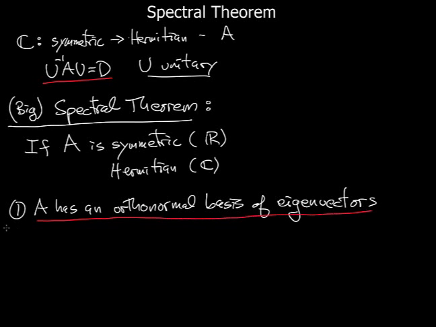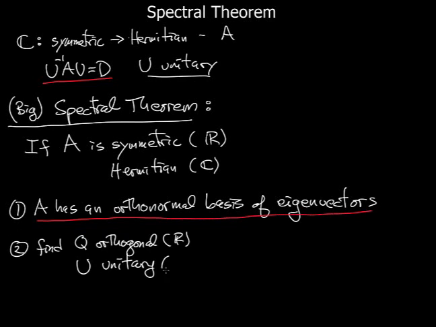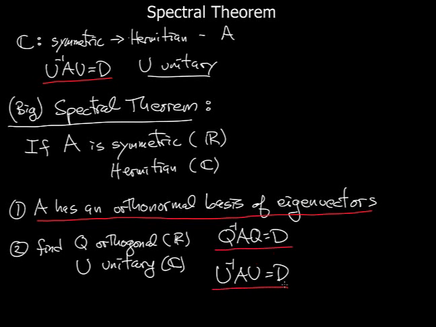That is to say, that's exactly the same thing as saying you can find an orthogonal matrix in the real case, or a unitary matrix in the complex case, such that Q inverse AQ is equal to D, or U inverse AU is equal to D. This matrix can be diagonalized by an orthogonal or a unitary matrix.